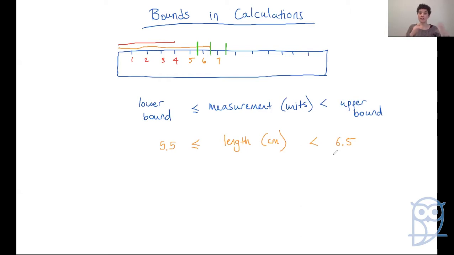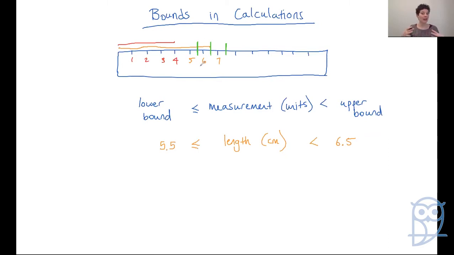Our inequalities are so important here, because if you rounded 5.5, it would go to 6, and 6 is the one we're working with. If you rounded 6.5, it would actually go to 7 to the nearest centimeter. But 6.4999999 to the nearest centimeter would round to 6. That is why we include the lower bound but exclude the upper bound. So 5.5 to 6.5 would be our 6.